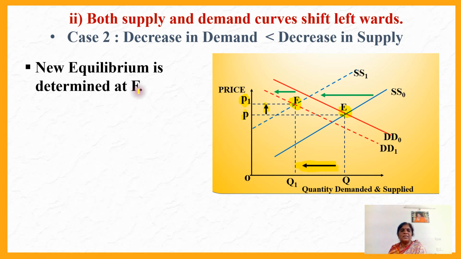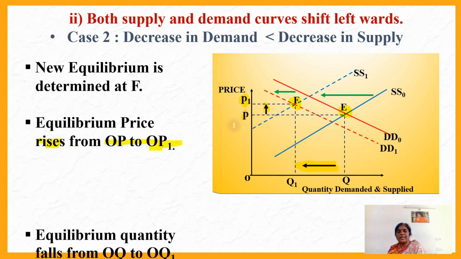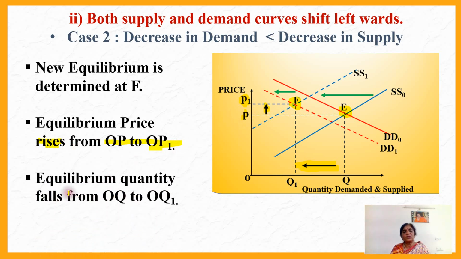Therefore, what you can say is that the equilibrium price is determined at F, and the price rises from OP to OP1, and the quantity falls from OQ to OQ1. This is the observation we can make.